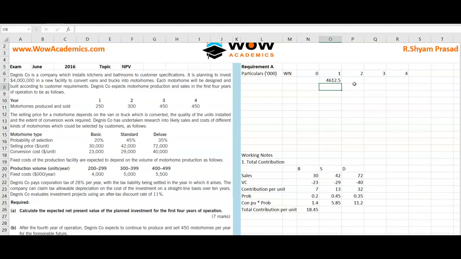So in similar way, for the second year, it's quite easy from here on. We can take these numbers and we can take it off. So we have to just change the sales units. So that's going to be 300 into 18.45. Thereafter, it's going to be 450 into 18.45, and the last number is also the same number.